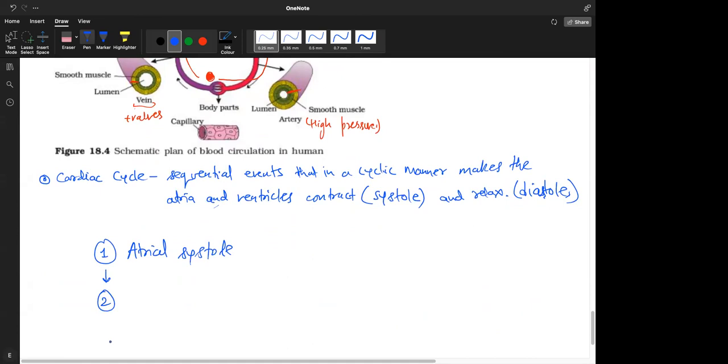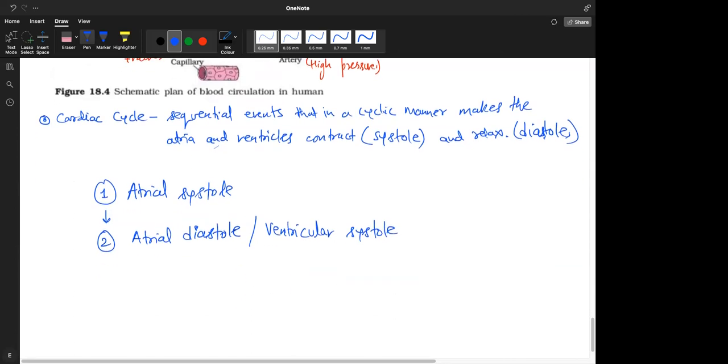Then what happens? Atrial diastole. If it has contracted, it also has to relax. But during atrial diastole, simultaneously, ventricular systole happens, almost at the same time. And then happens ventricular diastole.